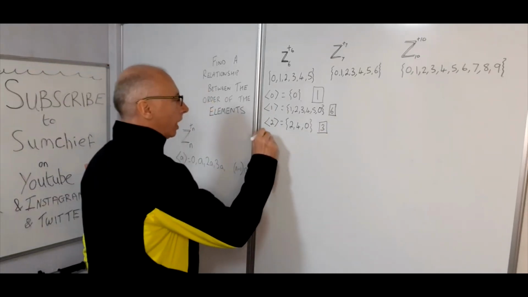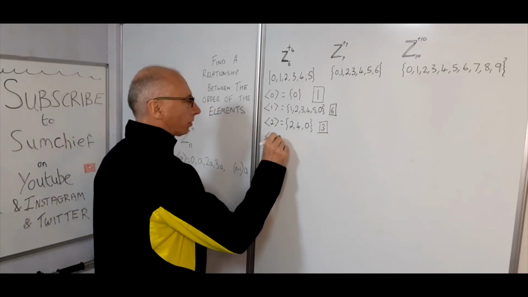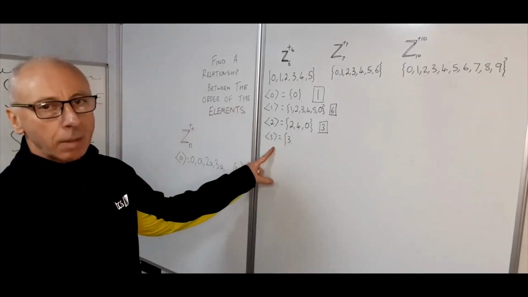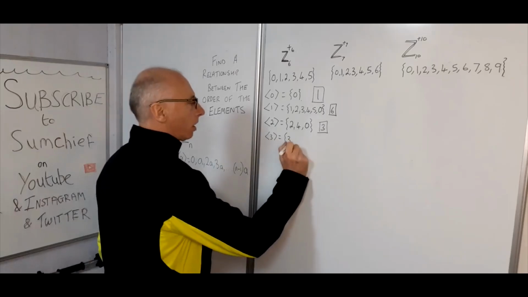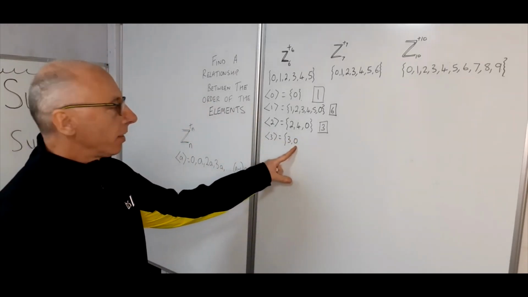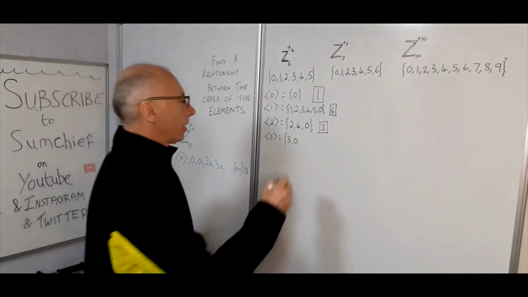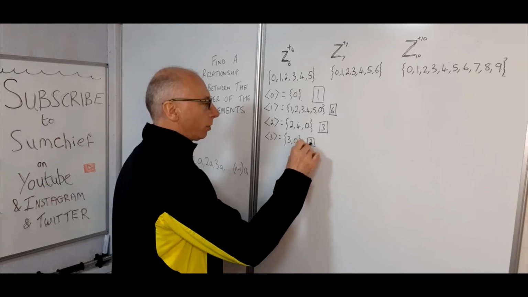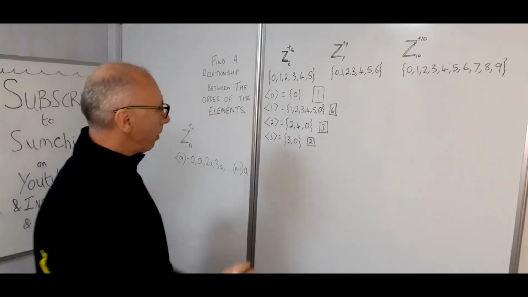Okay, let's have a look at element number 3. Put 3 in there first. Keep adding 3. 3 plus 3 is 6, which gives us 0, modulus 6, and then 0 plus 3 sends us back to 3 again. So this one has order 2. There's only 2 elements inside.